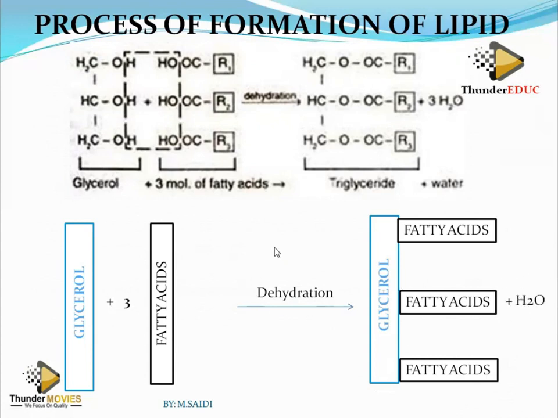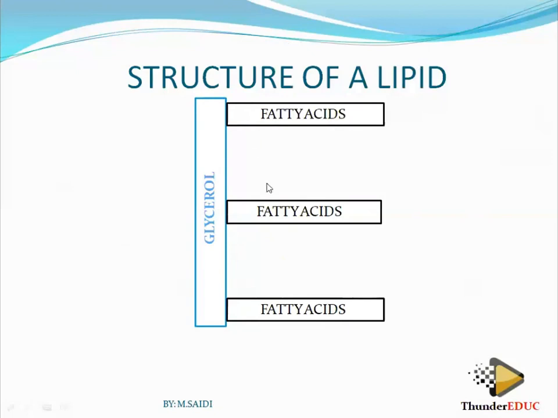So this process is a dehydration process. So 1 glycerol and 3 fatty acids form the fat, or what you call a lipid. This is the structure of a lipid. If they ask you to draw the structure of a lipid, you would draw this in the simple way. This is the diagrammatic representation of a lipid, just an E, 1 glycerol and 3 fatty acids.